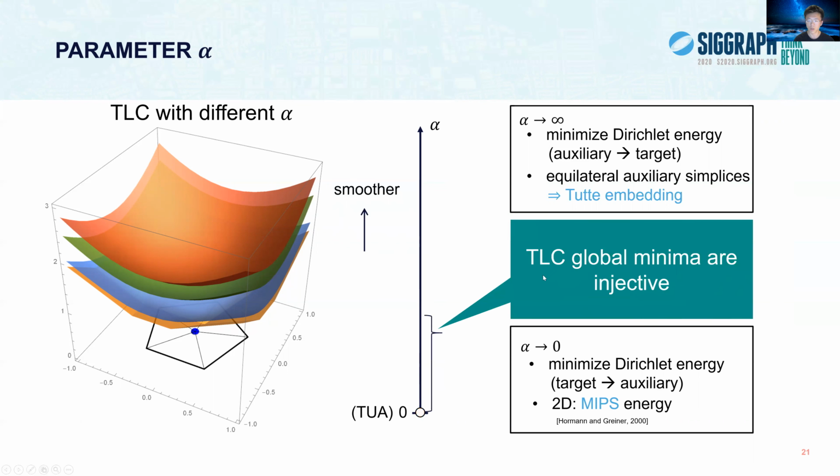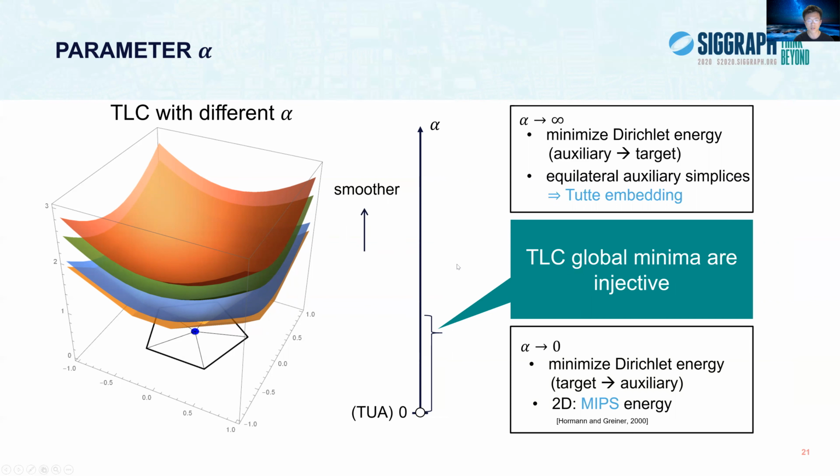Notice that we have a final result about TLC energy at its global minimum. We proved in the paper that the global minima of TLC energy for a finite small range of alpha will always be injective. Okay, so notice that this theoretical result is only about global minima. In practice, using some solvers, we can only hope to get local minima of the energy.